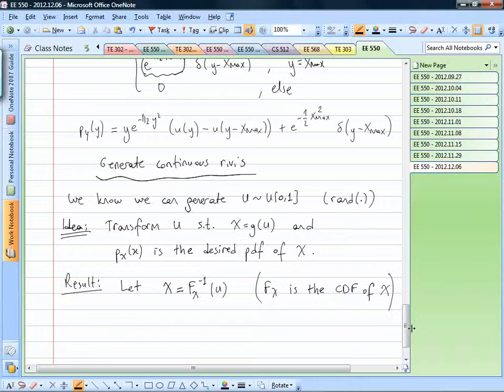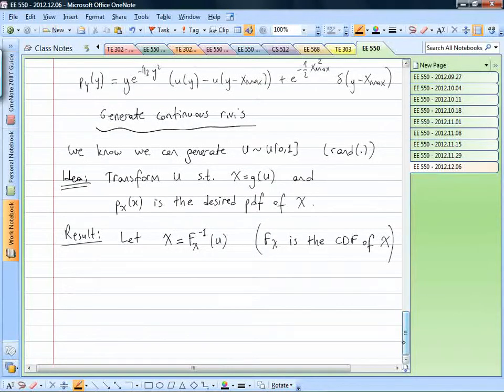Given this CDF, if you directly transform u using the CDF inverse, what you get is an x that has the desired PDF p sub x of x, which is the derivative of f sub x of x. So that's the result.